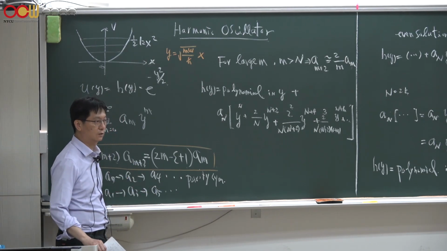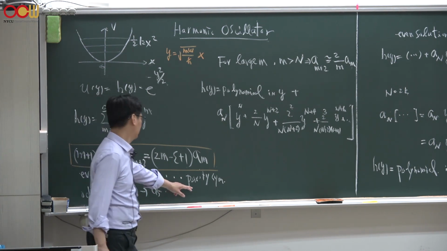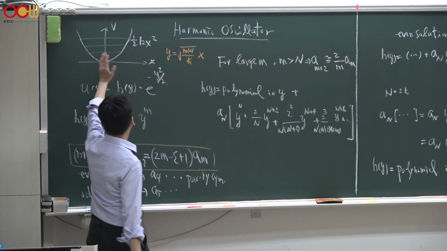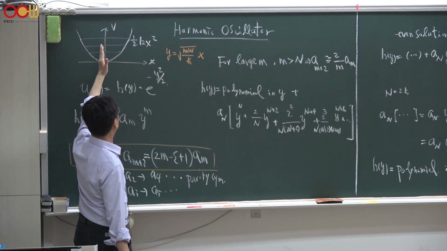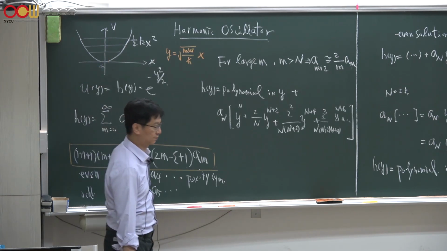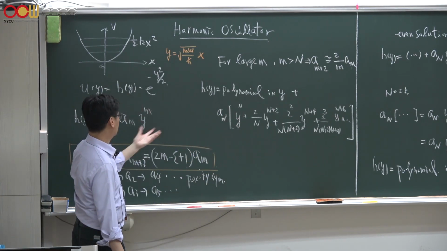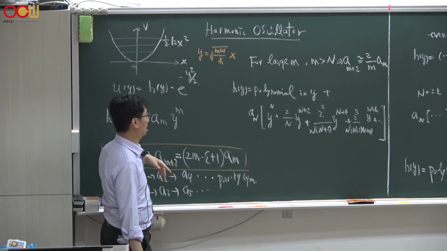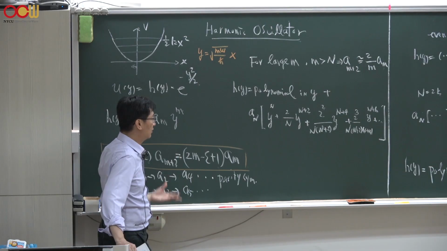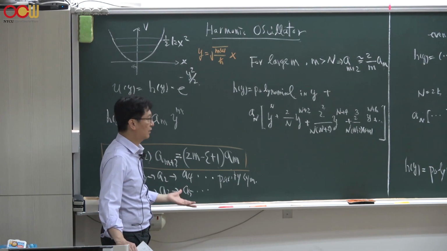These even and odd coefficients are decoupled, they are independent, and this reflects the parity symmetry, the mirror symmetry of the harmonic oscillator potential with respect to this vertical axis. Today we further pursue this direction. We try to find these coefficients a_m and again solve everything, including the eigenfunctions and the eigenenergies.